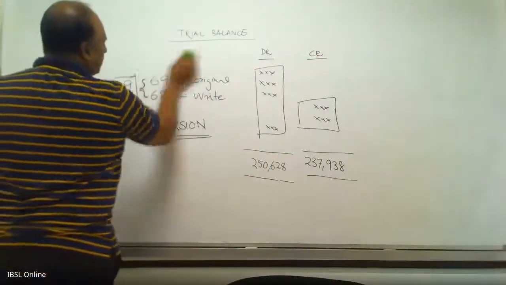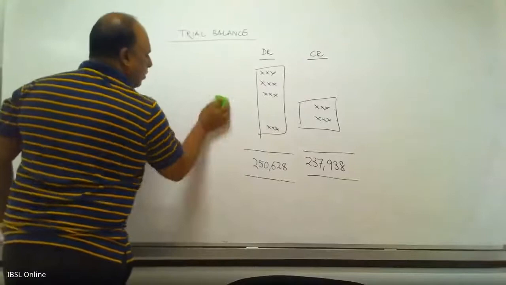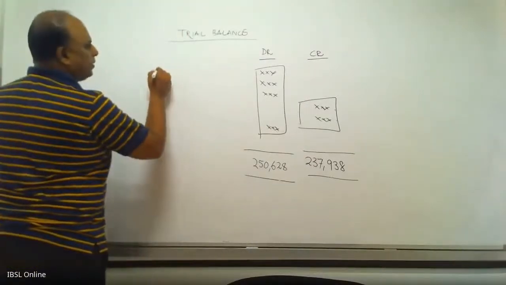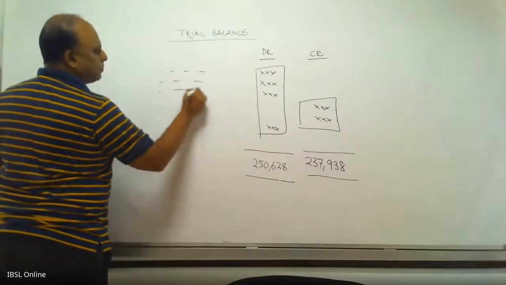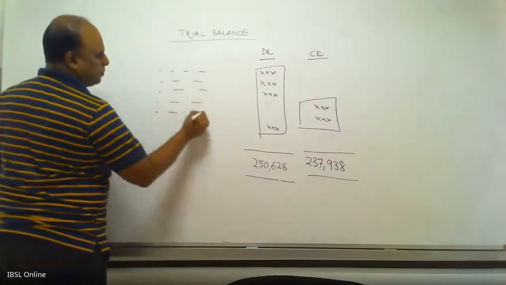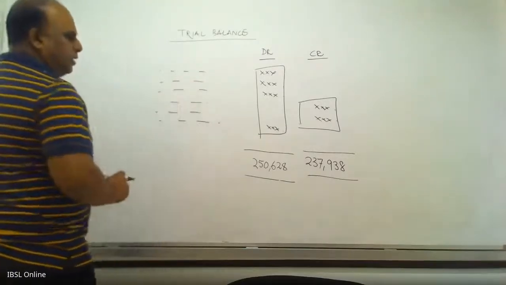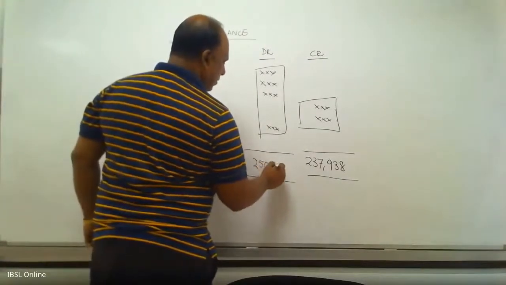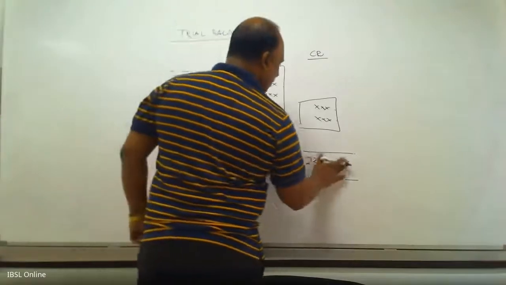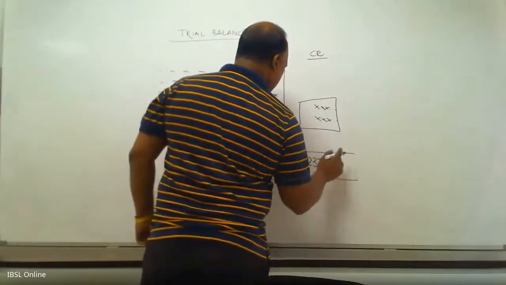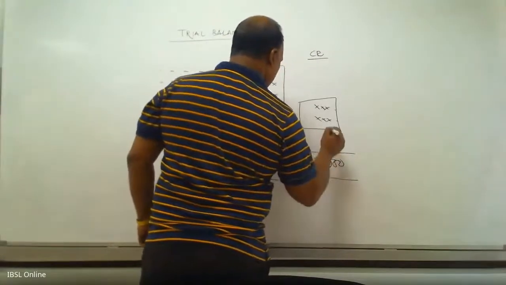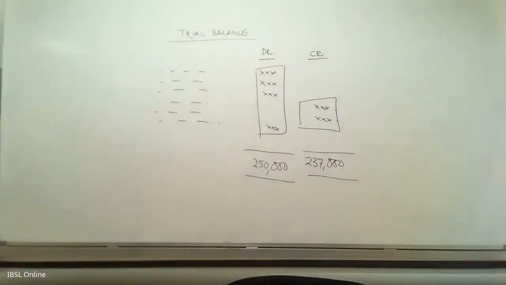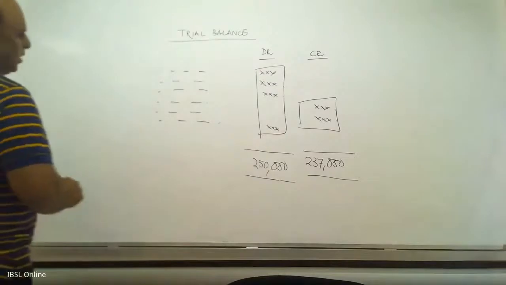We'll go back to this original issue. Let me make it very simple, not a complicated one. On one side you have 250,000, and on this side you have 237,000. A straightforward example.